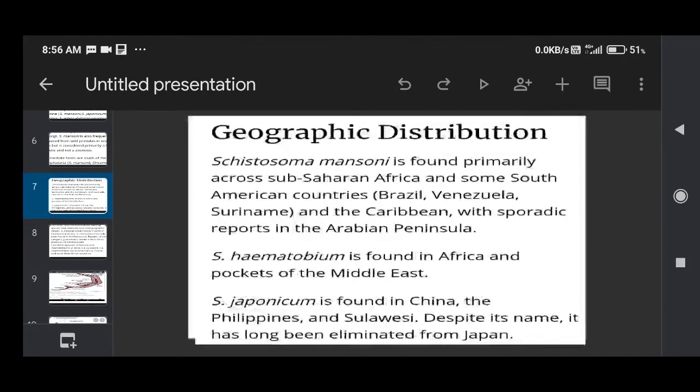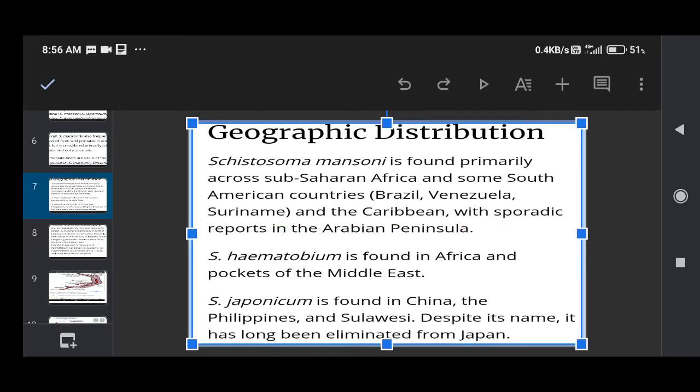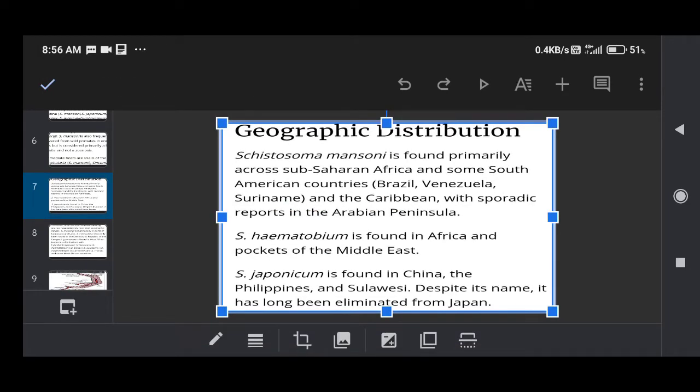Next, geographical distribution. Schistosoma mansoni is found primarily in sub-Saharan Africa and some South American countries like Brazil, Venezuela, Suriname, and the Caribbean, with sporadic reports in the Arabian Peninsula.